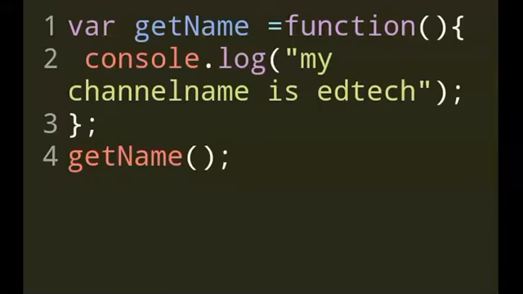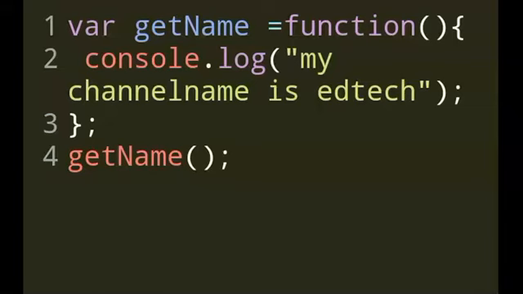After that you call the function by calling getName. When you call getName with the parenthesis, it immediately calls this anonymous function. That's why we call getName at the end, after the function.